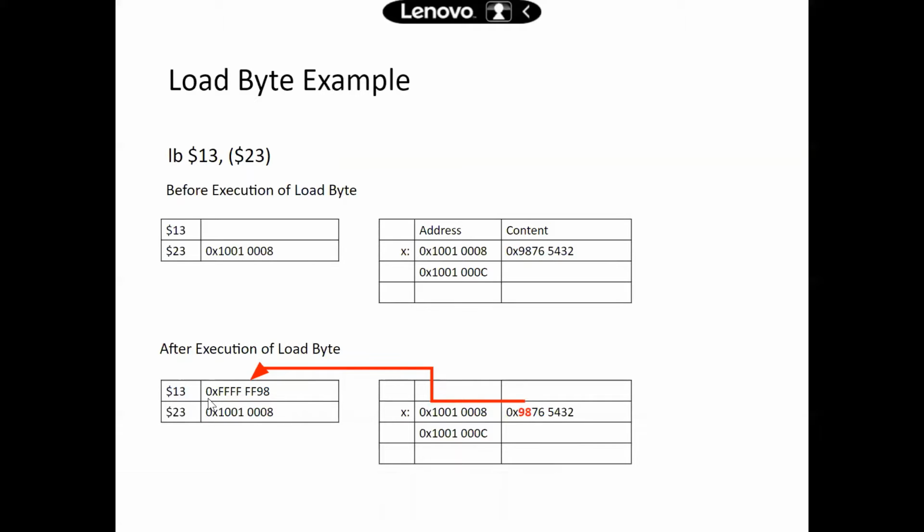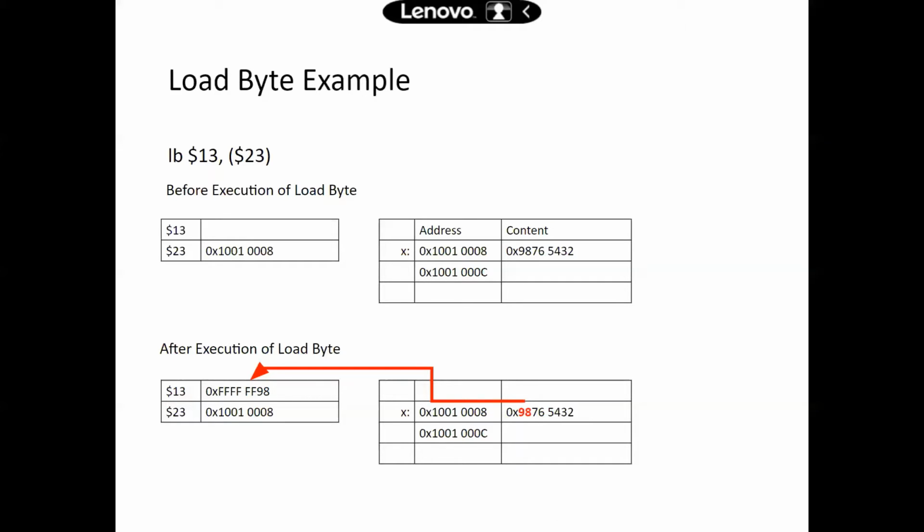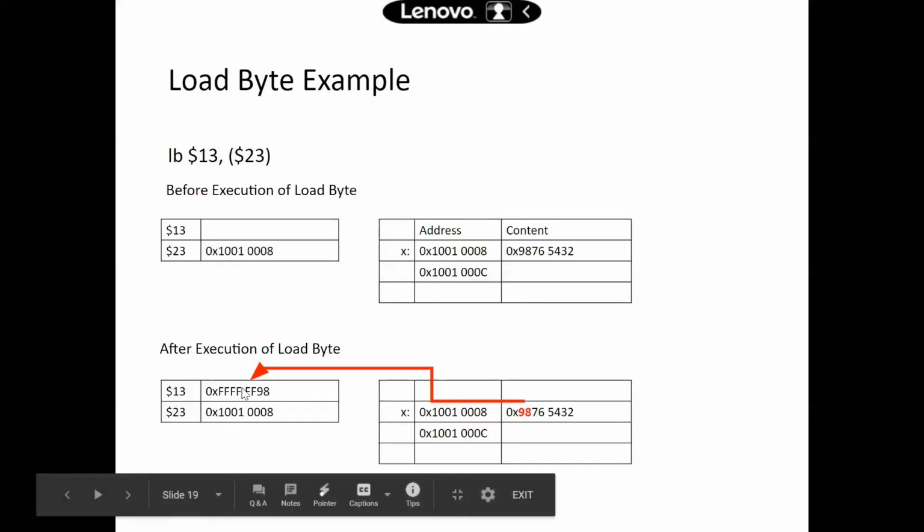Can anyone tell me why it pads with 1s, or Fs? Isn't four ones the same thing as F? Exactly, four ones is F, so that's why it's F. But why does it pad with 1 if it's negative?